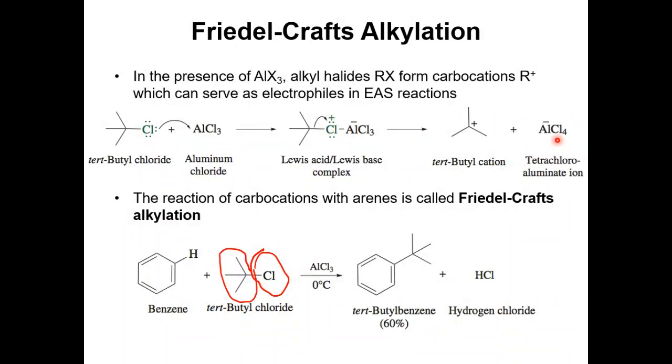Basically, this pair can break and go onto the chlorine, giving you the tetrachloroaluminate ion. And why does this reaction want to happen? Because this tetrachloroaluminate ion is a very weak base. It is generally considered an even weaker base than chloride itself. Chloride is already a pretty weak base, because in the sequence of hydrogen halides, only fluoride is a relatively strong base.